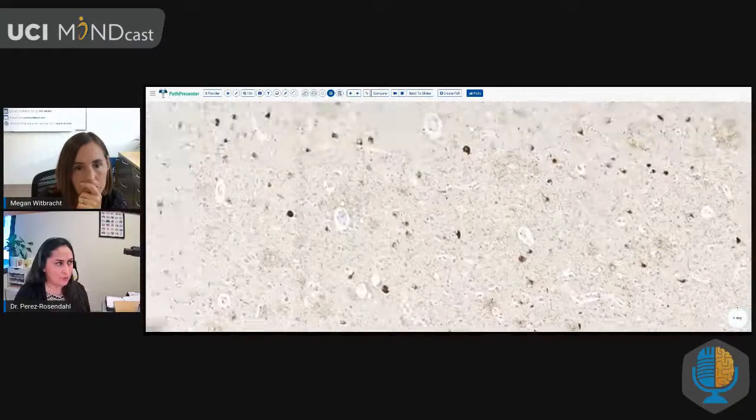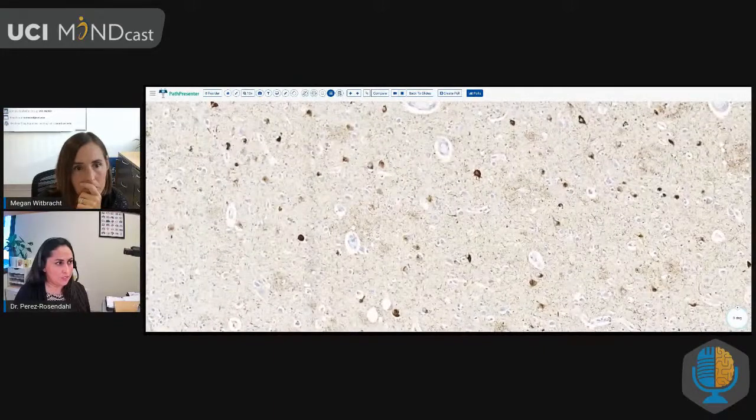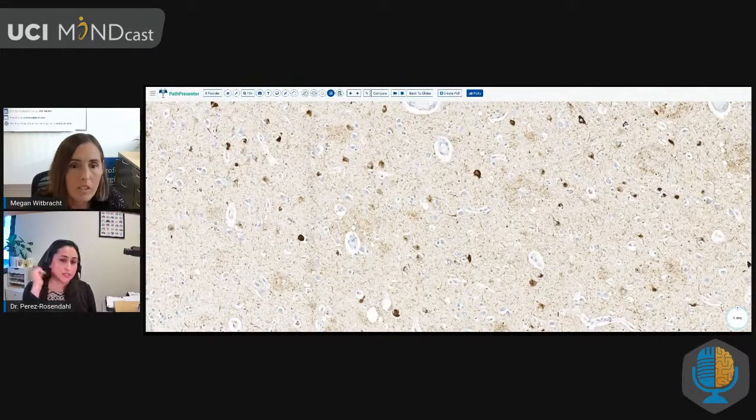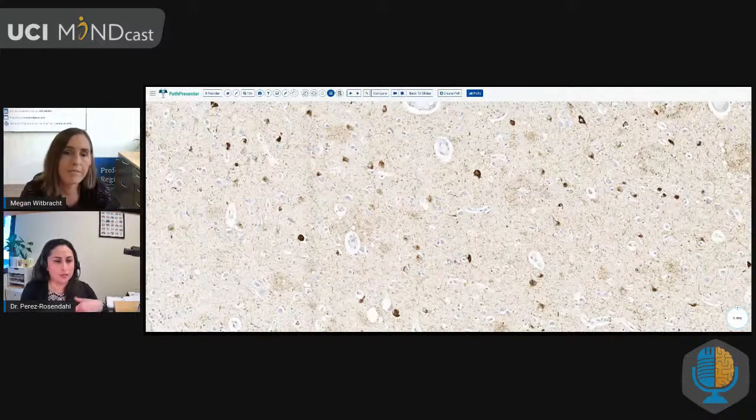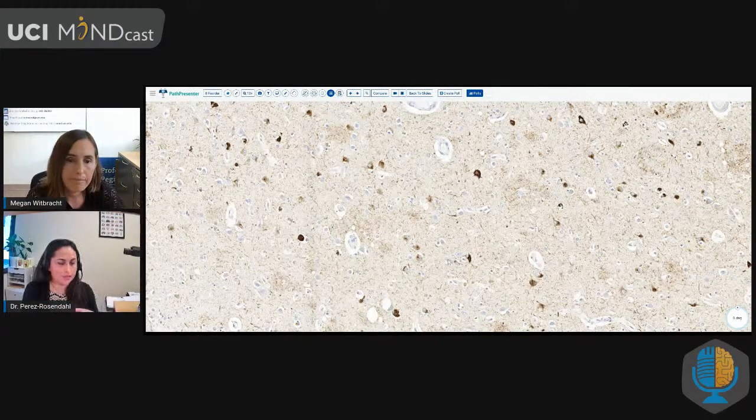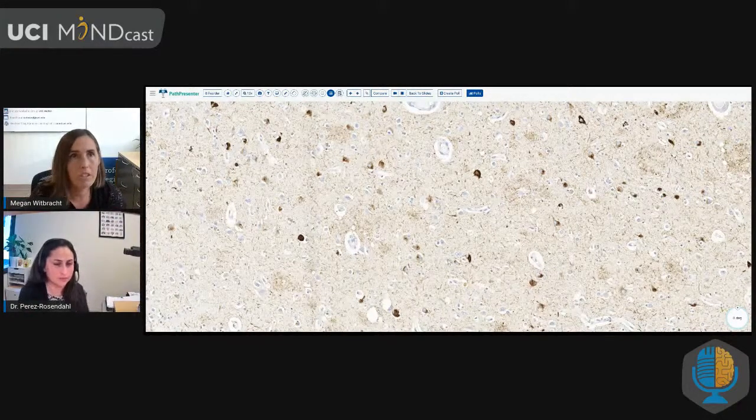And here you're seeing more neurofibrillary tangles. So this is quite severe. Now we would actually need to look at several areas and score several areas in order to give a complete, full scoring of the Alzheimer's disease pathology. And then that gets rendered as a diagnosis of either, depending how severe, low, medium, or high Alzheimer's disease neuropathologic change.